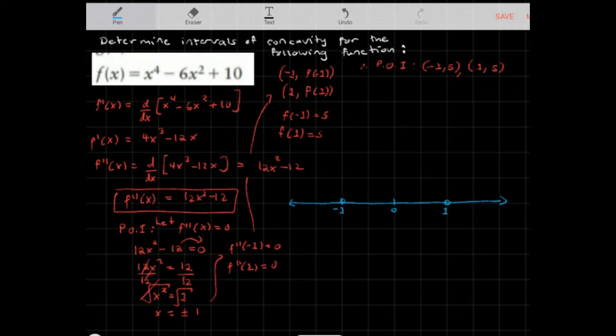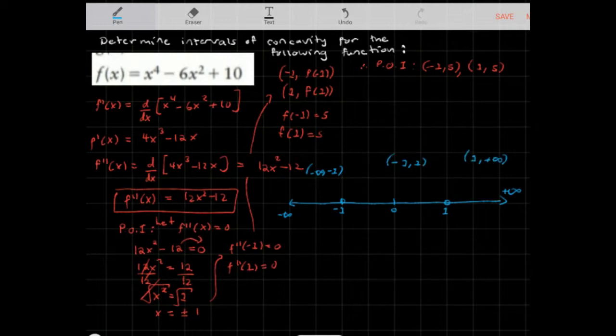You can notice here that these are open circles. And we can gauge the intervals. One of the intervals here is negative infinity to negative 1. It should not include the point of inflection, because the point of inflection is where we have a change in concavity. The other interval is negative 1 to 1, and the other interval here is 1 to positive infinity.